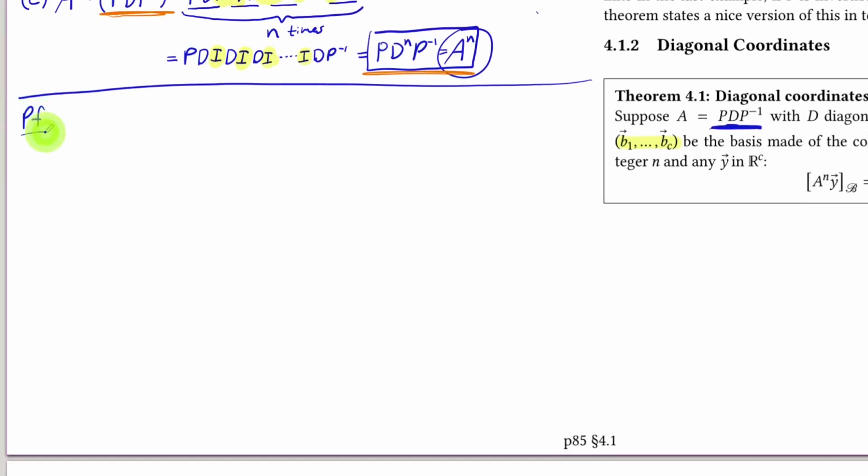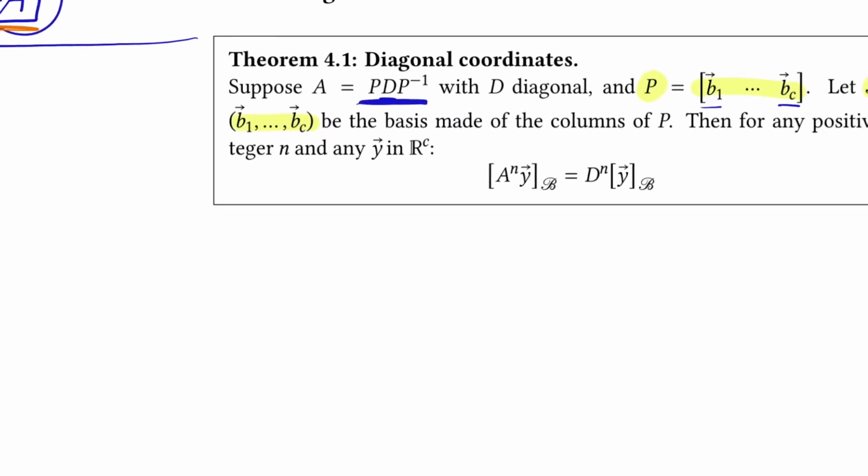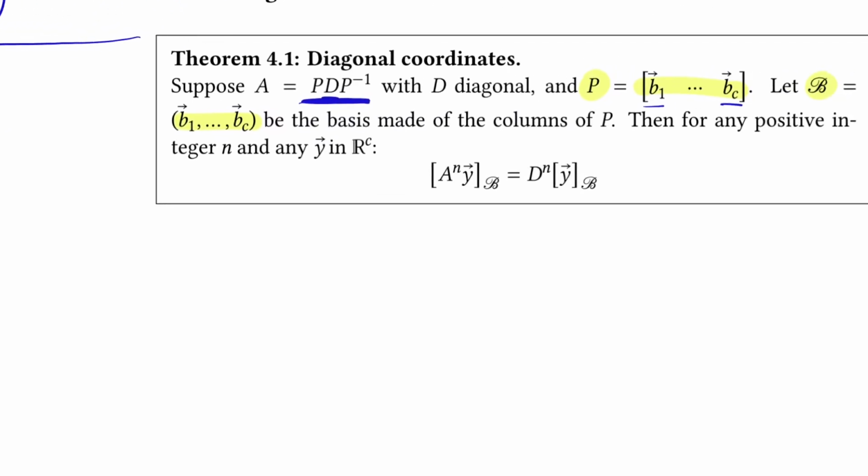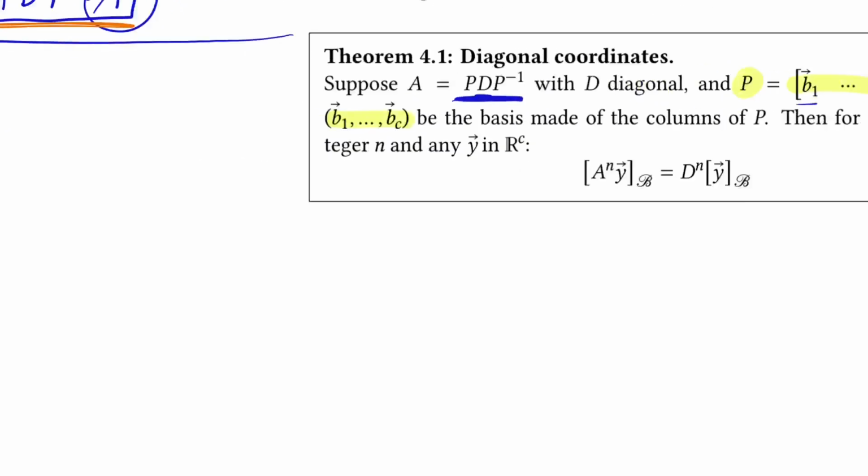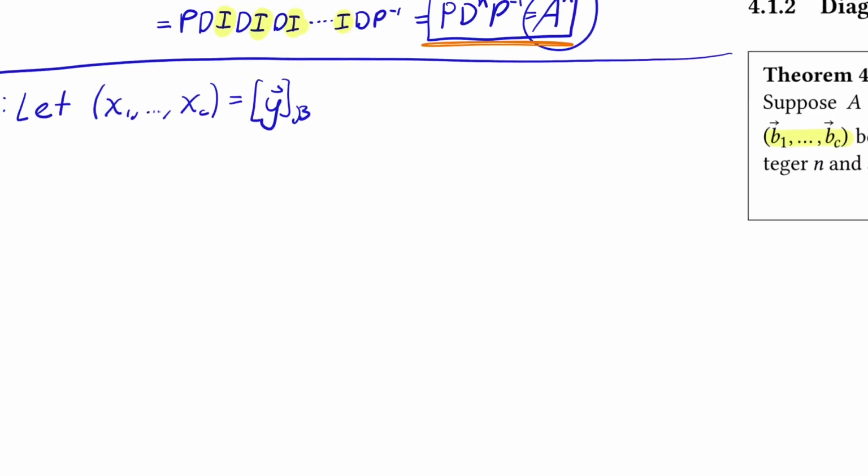But first, for the proof, let's say that the B coordinates of y is this vector x1 through xC. What does that mean? Again, hopefully you reviewed 1.6 and 1.7 and you feel good about what coordinates mean.